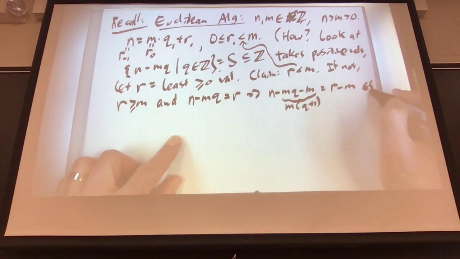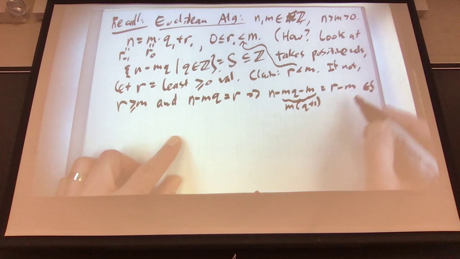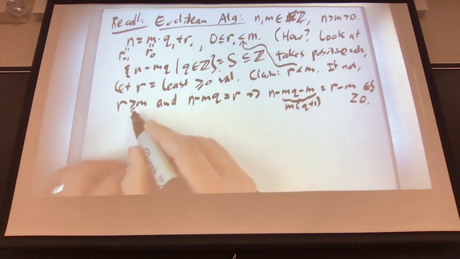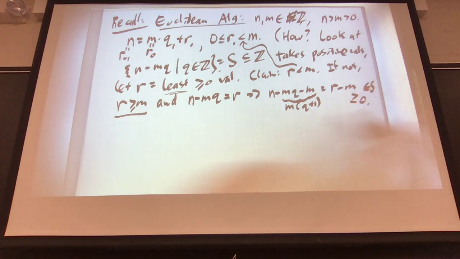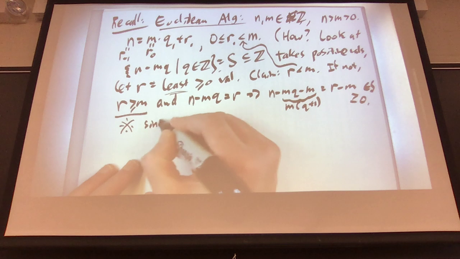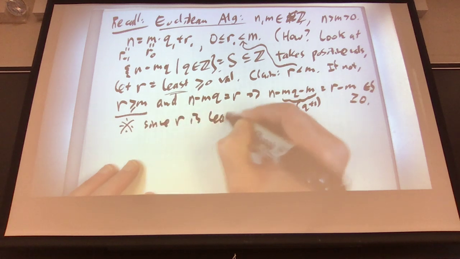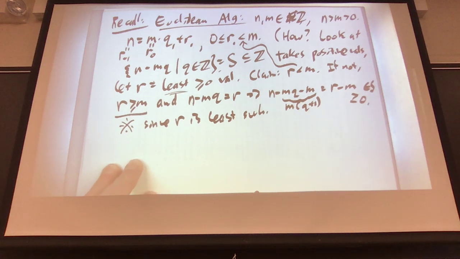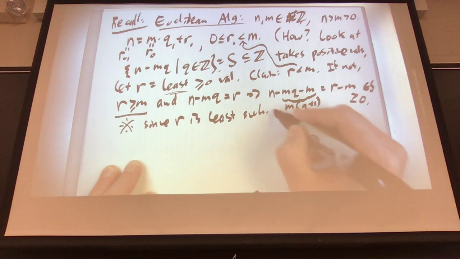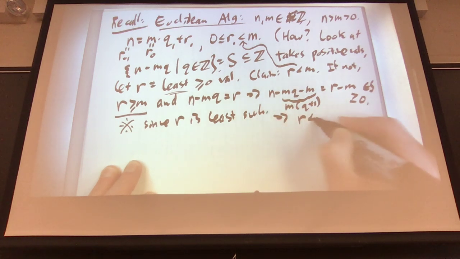So this is an element of S. And this element of S is also non-negative, because we assumed r is at least m. And that contradicts the fact that r was supposed to be the least non-negative element of S. That's how we defined r. So that's our contradiction, and that implies r is less than m, and ends that parenthesis.